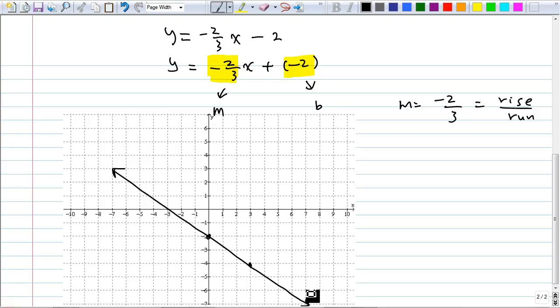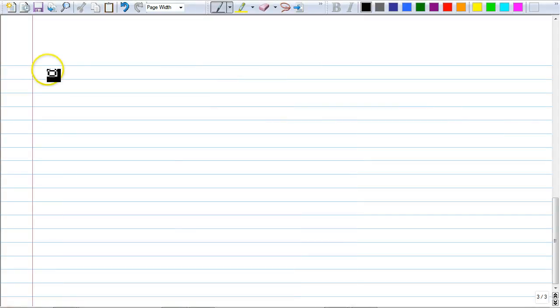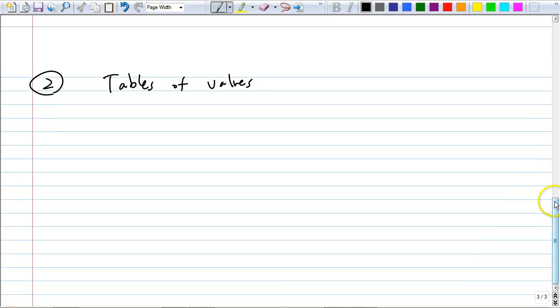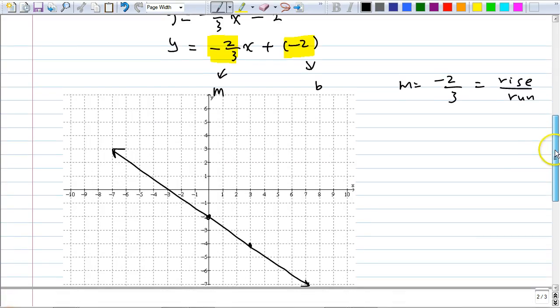Now the second method of graphing the line, let's graph the same exact line as before. Second way, do you guys remember, was using tables of values. This is not the fastest way, but we do this to check and see if we got the right graph, if we're not so sure.